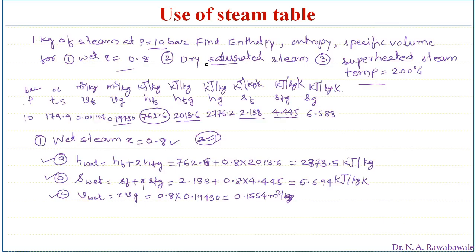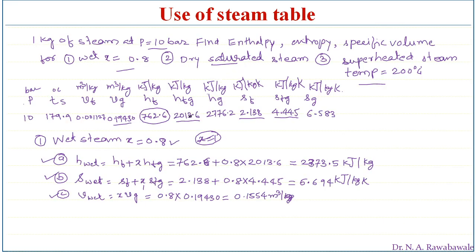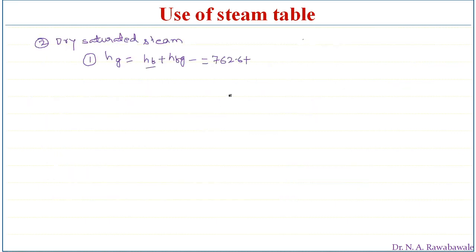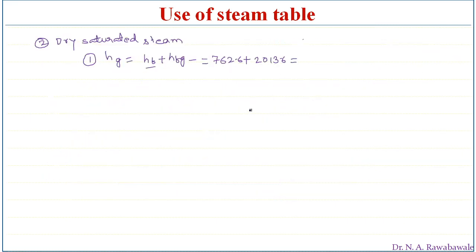So this is equal to Hf is 762.6 plus Hfg value is 2013.6, and if we add this, we get Hg, that is 2776.2 kilojoules per kg of steam.